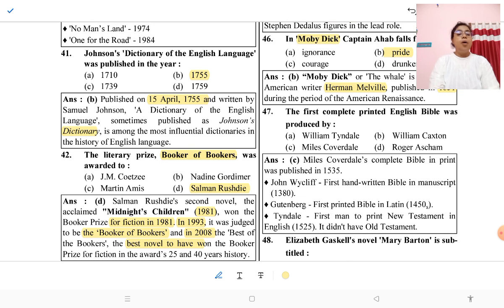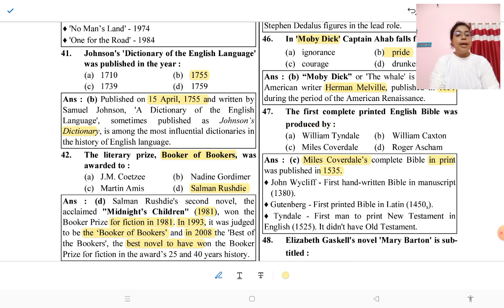The first complete printed English Bible was produced by Miles Coverdale. Miles Coverdale's complete Bible in print was published in 1535.